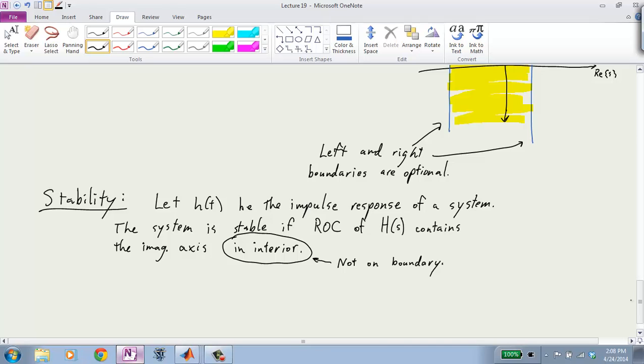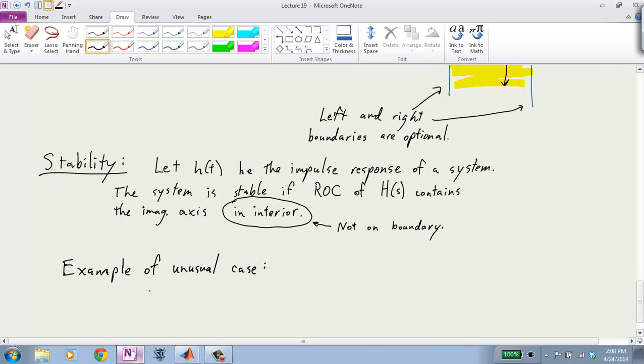So I'd like to illustrate an example just to show you this weird intricacy where the imaginary axis can be on the boundary of the region of convergence. Okay, and look at a signal that's dear to all of us, sinc of t. Okay, x of t is sinc of t.